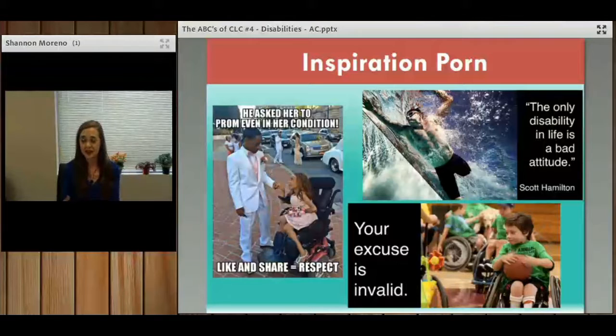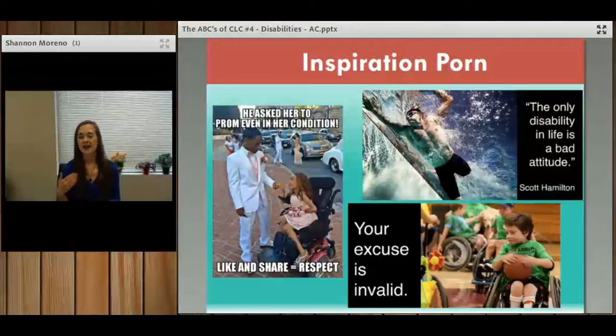So some examples here, these are different memes, real memes, I didn't make these up, from the internet. One says, he asked her to prom even in her condition. Like and share equals respect.